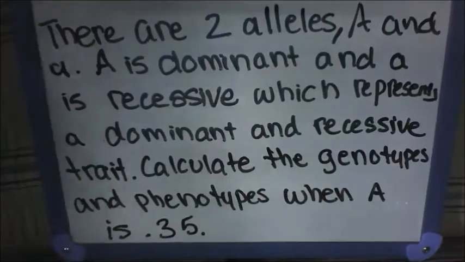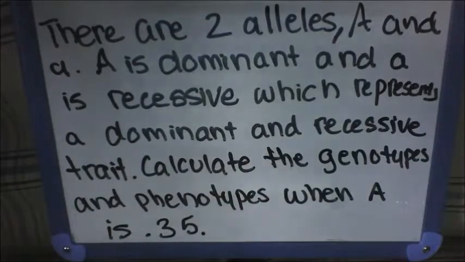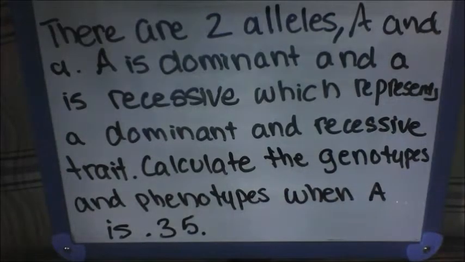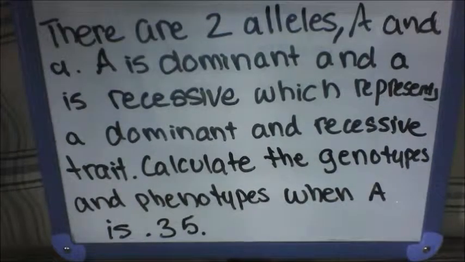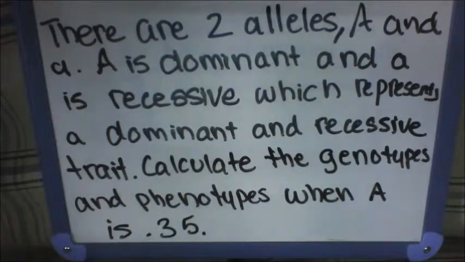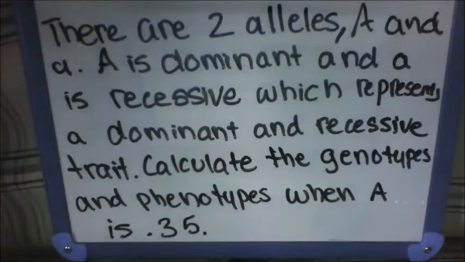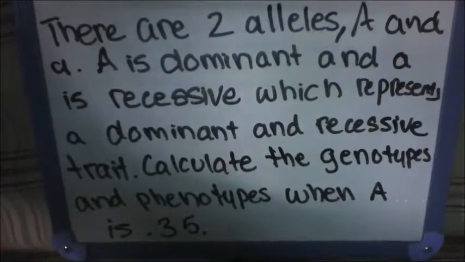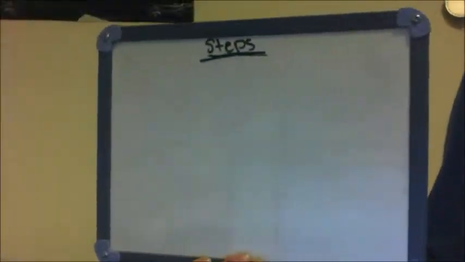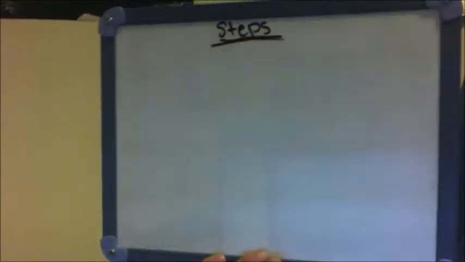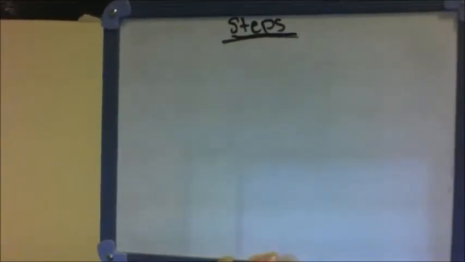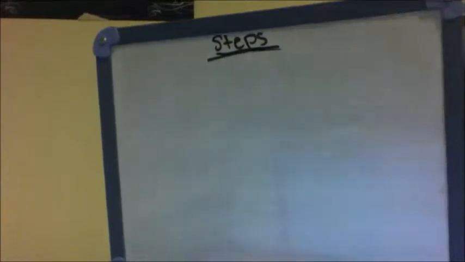So here's an example problem. There are two alleles, capital A and lowercase a. A is dominant and lowercase a is recessive, which represents a dominant and recessive trait. Calculate the genotypes and phenotypes when capital A is 0.35. In order to solve the example problem, we have to calculate the genotypes first in order to get our phenotypes.